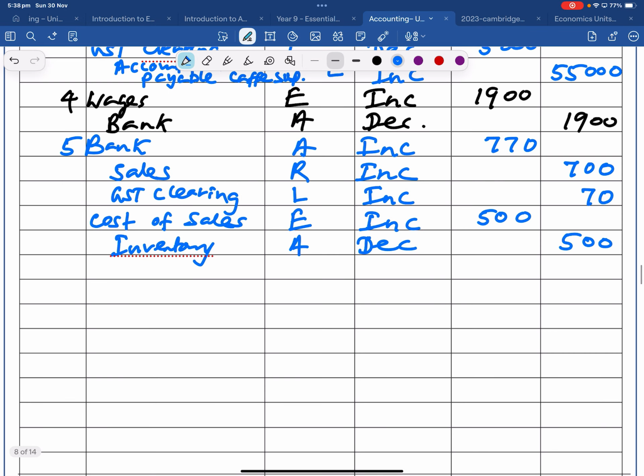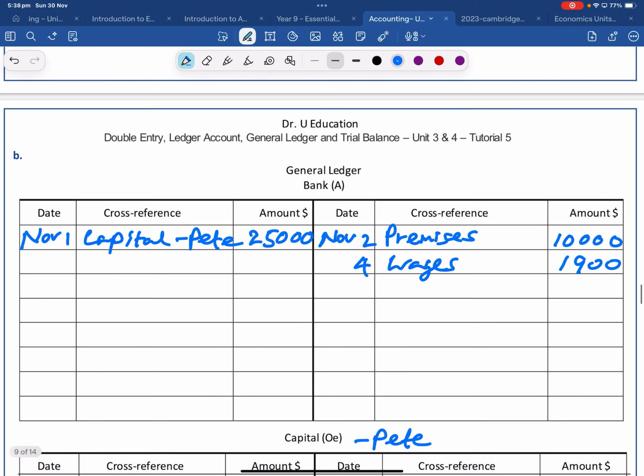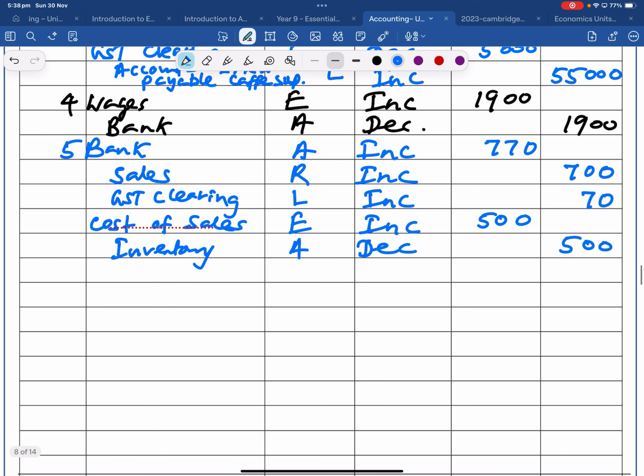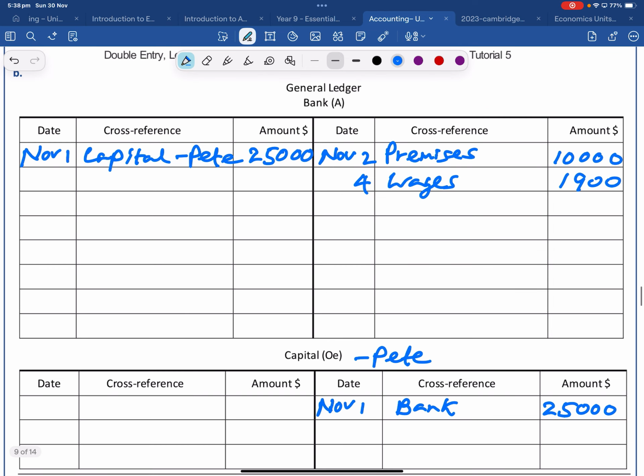Now how do we record this one, guys, in the ledger account? Alright, we'll go to the bank first. Now when we have written the month on that given side, we don't have to repeat the month, we just write the date. Okay. 770 debited, saying sales and GST clearing. Very good.